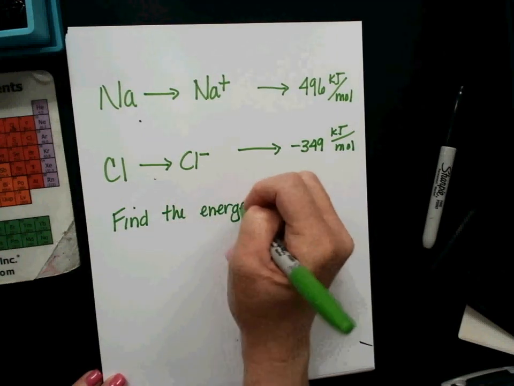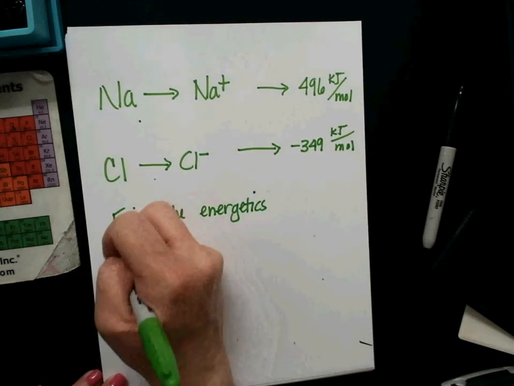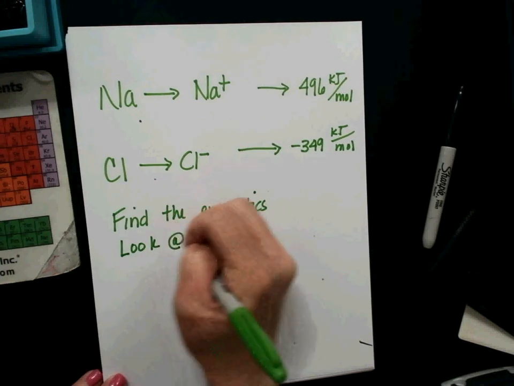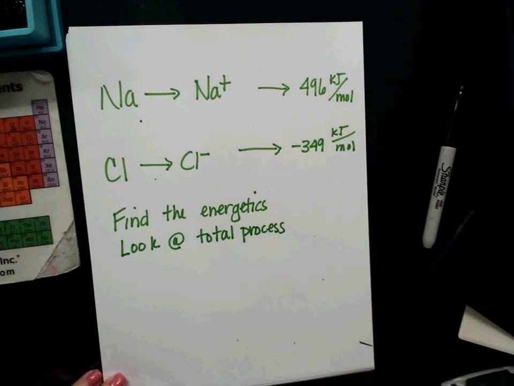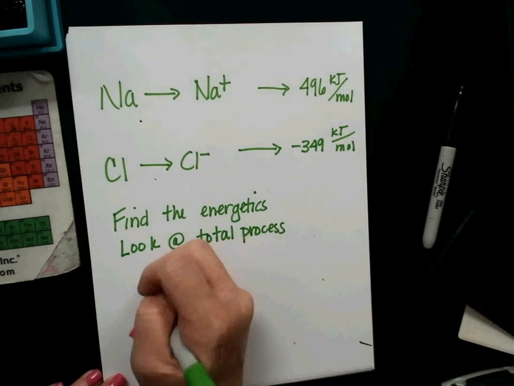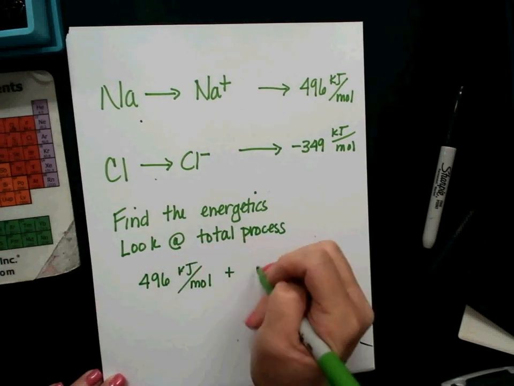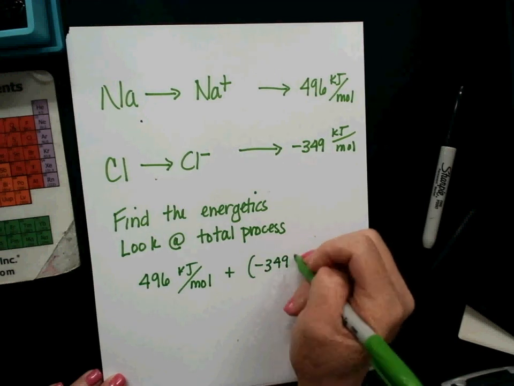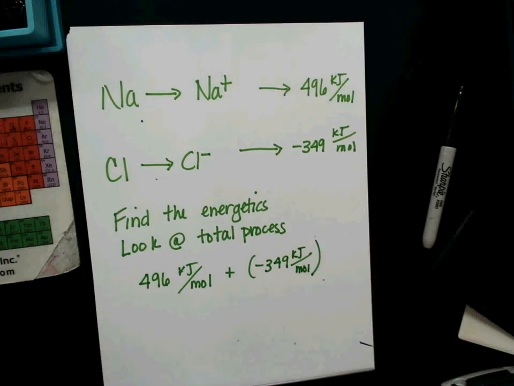When I want to find the energy requirements, or find the energetics, I have to look at the total process. When I look at the total process, I have 496 kilojoules per mole plus negative 349 kilojoules per mole.